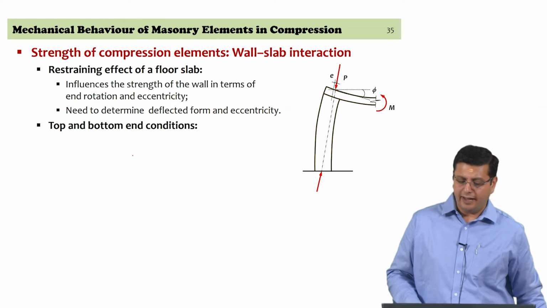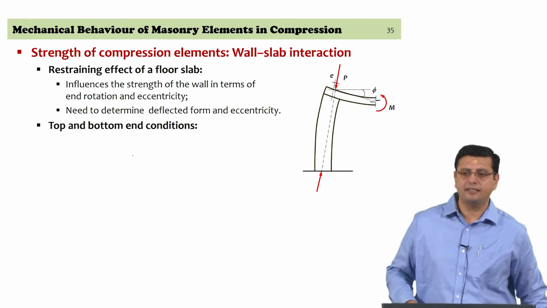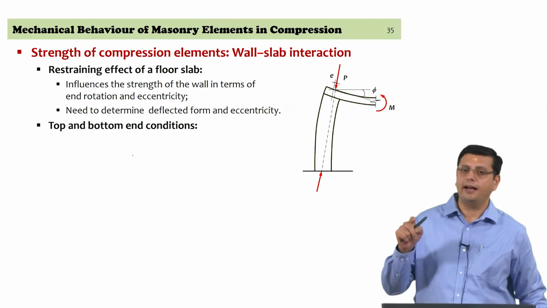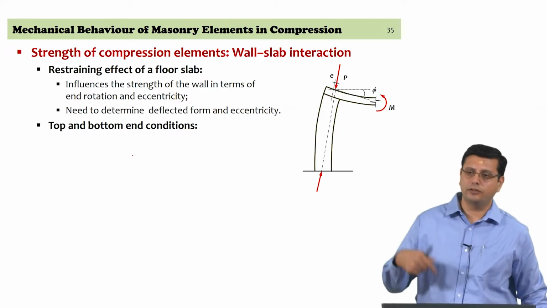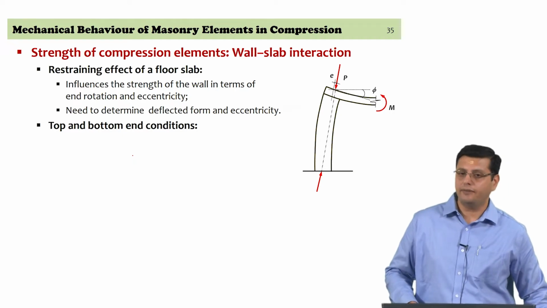Now, as we were discussing earlier, the problem that we looked at and arrived at an analytical closed form solution had first order eccentricity. We assumed that the top and the bottom eccentricities were equal, but you need not have that sort of a situation.